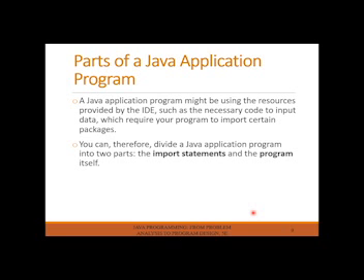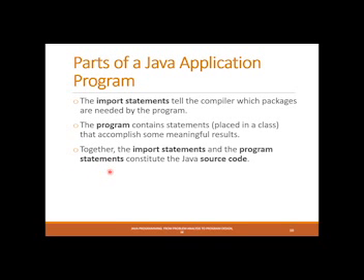What are the different parts of a Java application program? A Java application program might be using the resources provided by the IDE, such as the necessary code to input data, which require your program to import certain packages. You can therefore divide the Java application program into two parts, the import statements and the program itself. The import statements tell the compiler which packages are needed by the program.